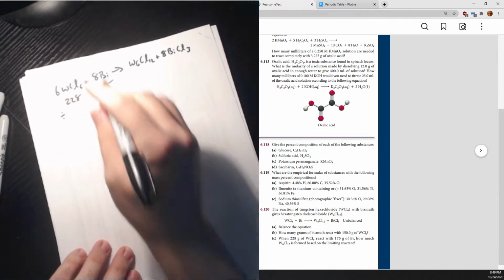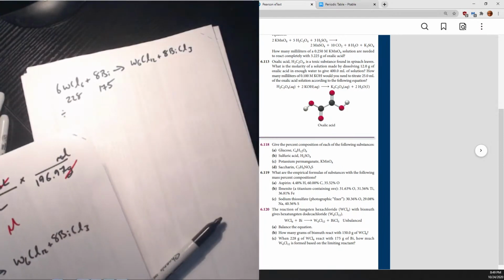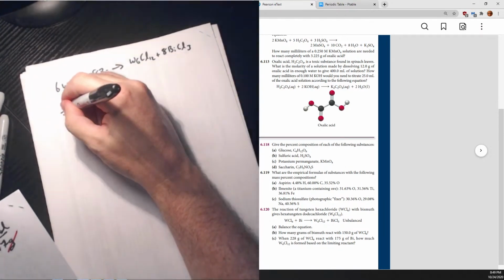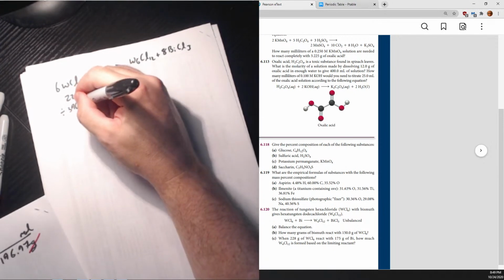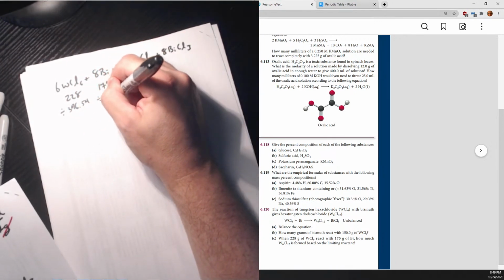So divide by the molar mass of our tungsten hexachloride, which was 396.54, and the molar mass of our bismuth was 208.98.